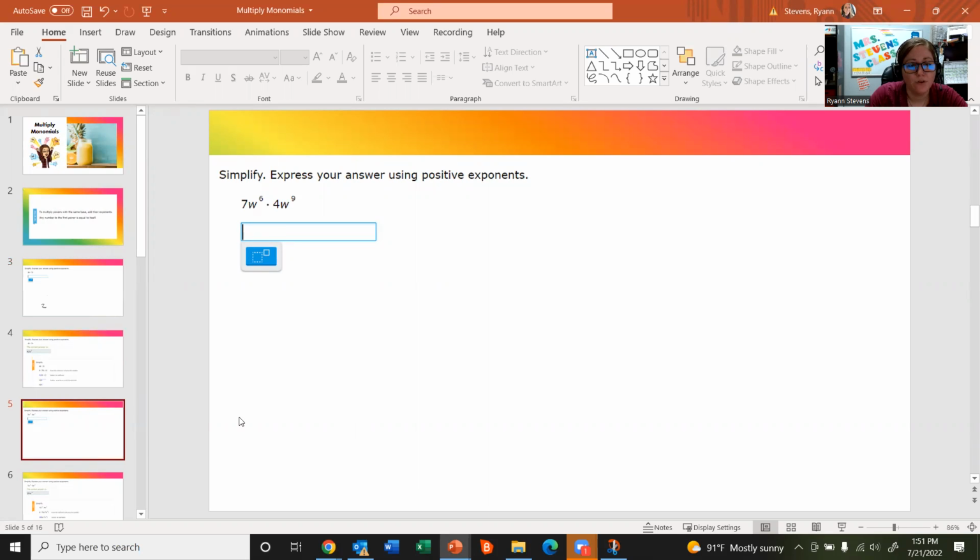Here we want to simplify. Again, we want to express our answer using positive exponents. But now we have 7w to the 6th power times 4w to the 9th power. So we can, again, group the coefficients and group the variables together.